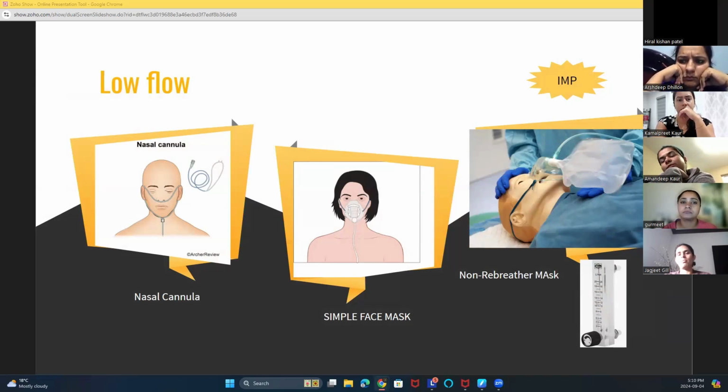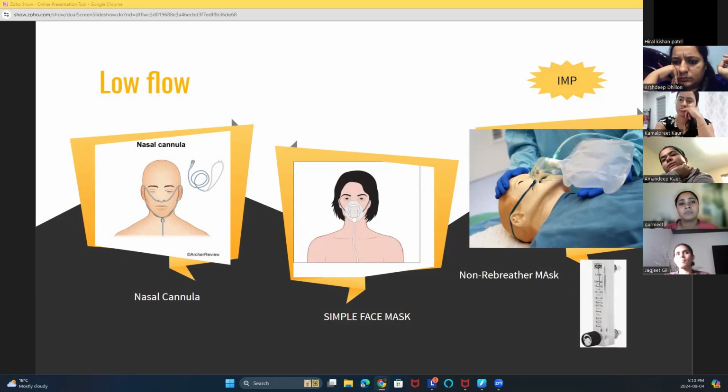And what is the most important question? There is a new graduate nurse, and you are the registered nurse, and she has given the non-rebreather mask to someone, and the balloon that is the reservoir is not inflated. What will you do? It is a negligence.